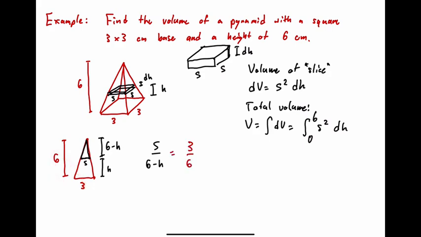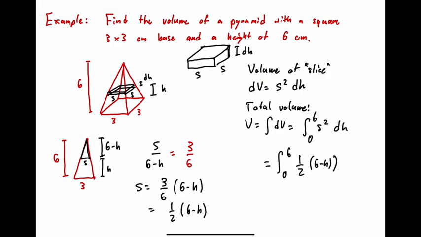So we can solve here for s. s equals 3 over 6 times 6 minus h. 3 over 6 is 1/2, so this is 1/2 times 6 minus h. This is another expression for s, and if we replace s in the integral with this expression, we get an integral all in terms of h. So we have the integral from 0 to 6 of 1/2 times 6 minus h, that whole quantity squared, dh.